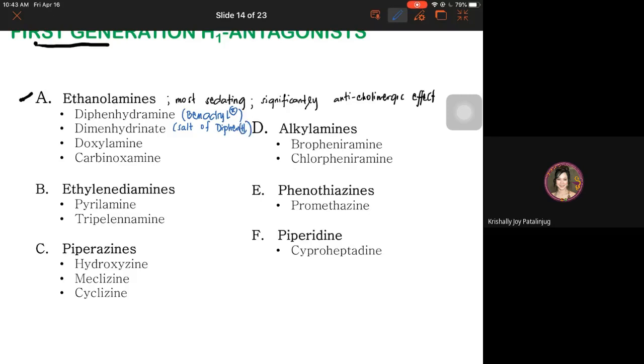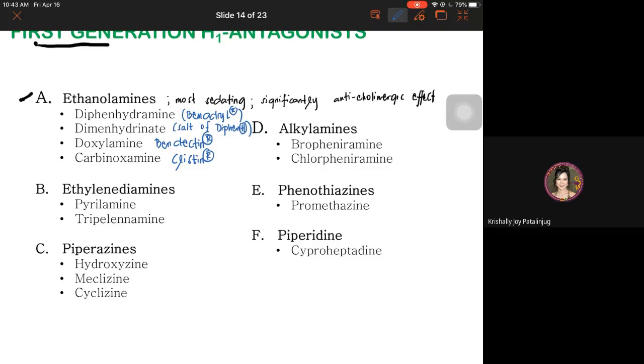Salt of diphenhydramine, ang dimenhydrinate. Okay? Doxylamine, this is marketed under the brand name Bendectine. Then Clistin naman yung carbinoxamine.